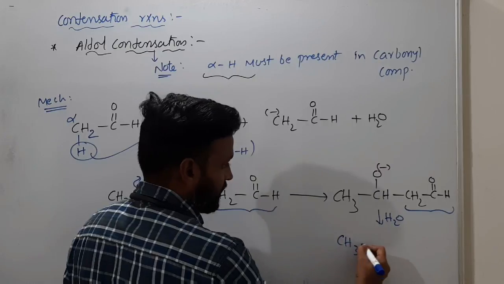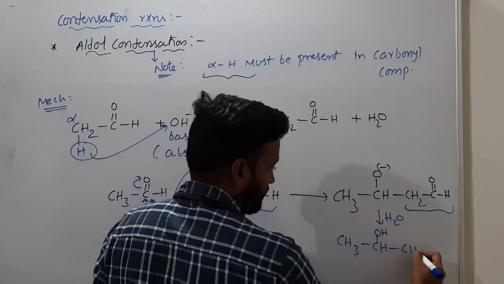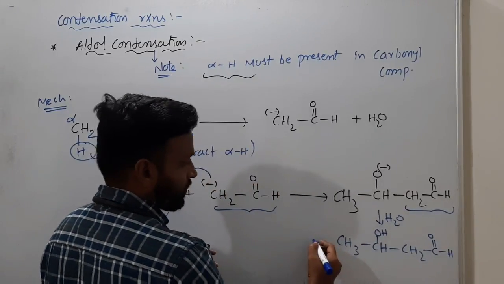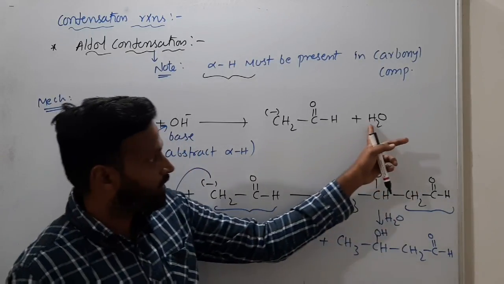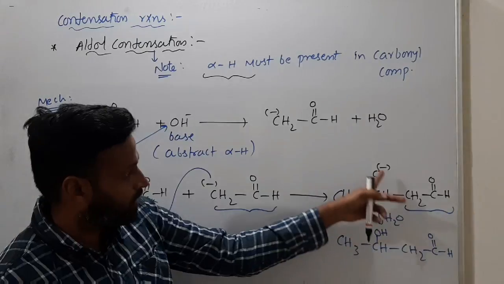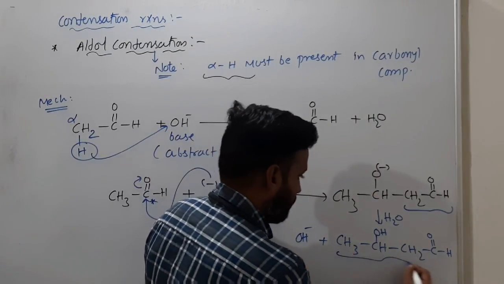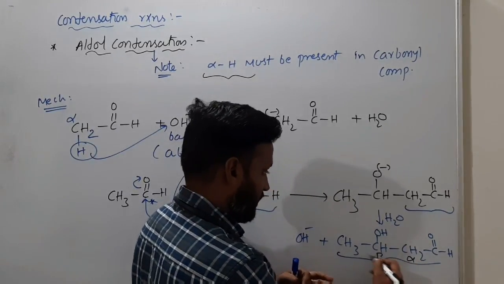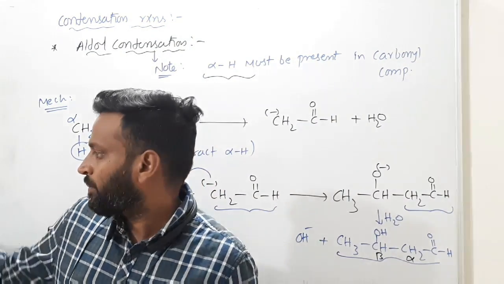Now CH3, CH, this will be OH, and CH2, C double bond O H, plus OH minus. Simultaneously it happens. This will be the product I said. This is alpha and this is beta, beta hydroxy butanol.